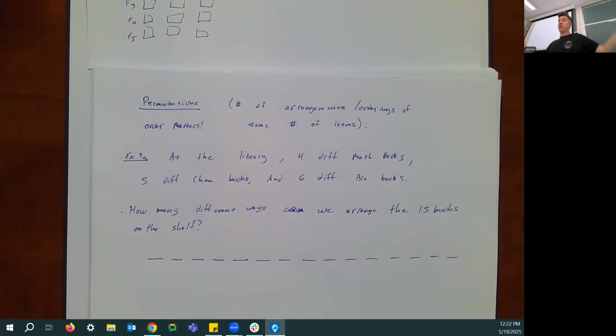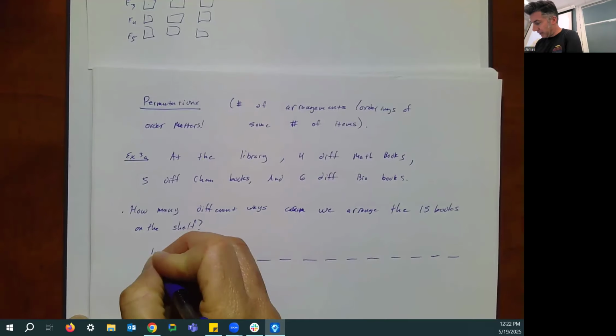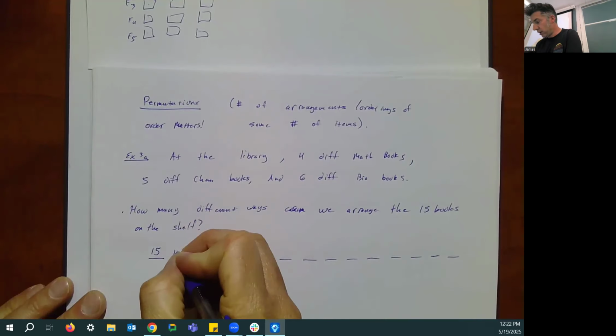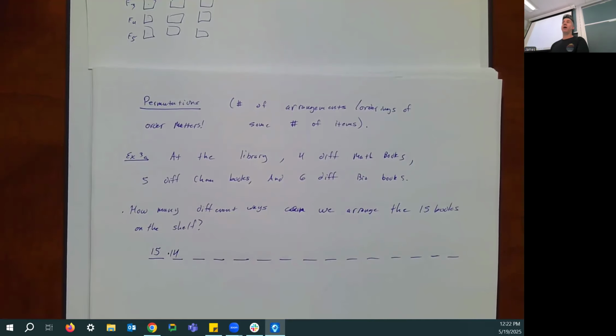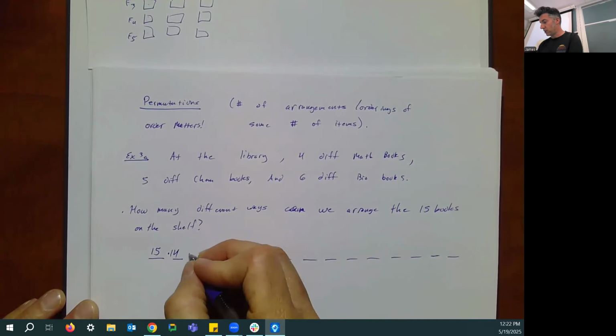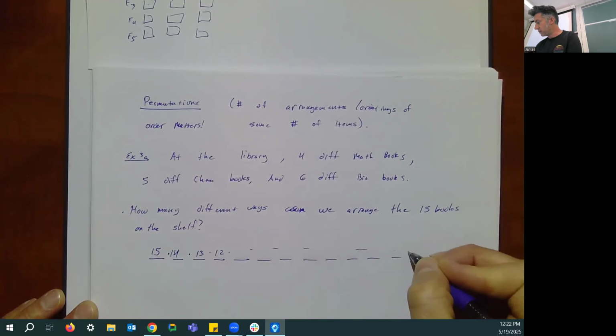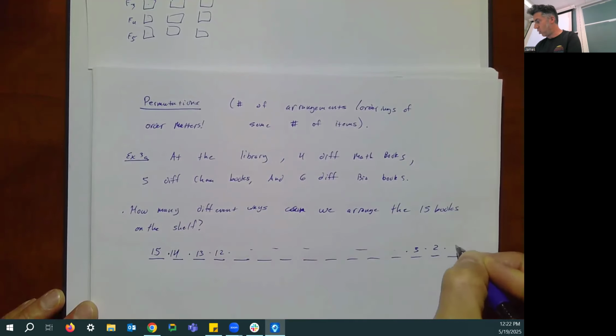So there are 15 different first books I could put on the leftmost spot on the shelf. And then after I've chosen one of those books, for the next spot, how many choices do I have? 14. And then for the next spot, 13, and so on, times 12, times 11, all the way down to times 3, times 2, times 1.